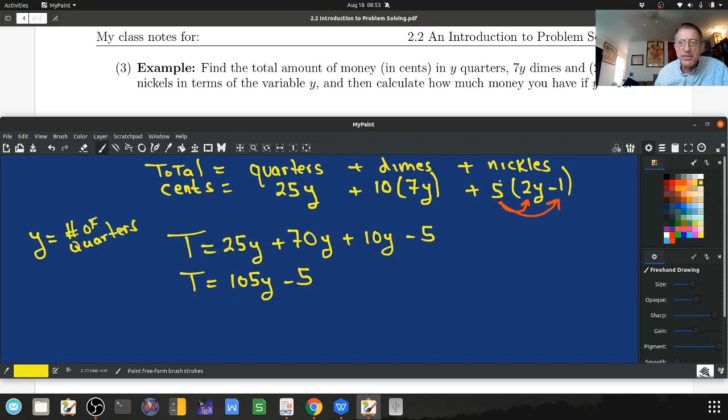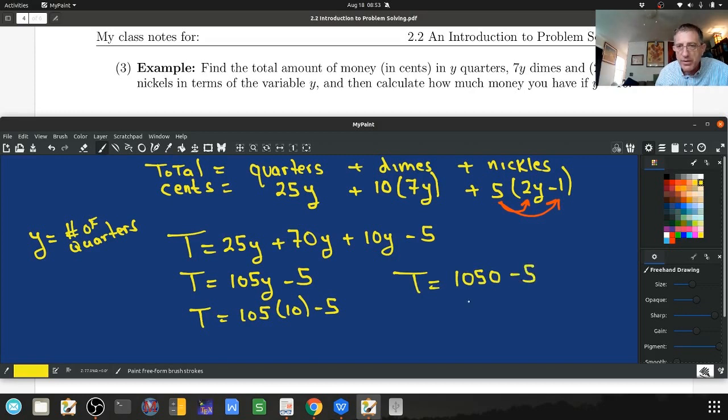So now we're going to find out how much money you have if Y is equal to 10. So suppose you have 10 quarters. Then how much I have in cents is equal to 105 times 10 minus 5. Again, don't grab your calculator. 105 times 10, all you have to do is add a 0 to it.